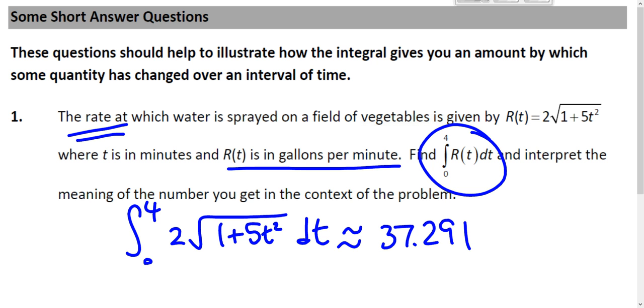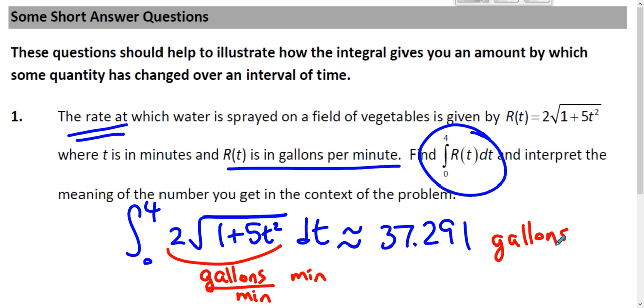37.291 what? Well, this rate is in gallons per minute, and time is in minutes. So when we add up the areas of a bunch of rectangles, and these are the units for the heights of the rectangles, and these are the units for the bases of the rectangles, well then this is a number of gallons.